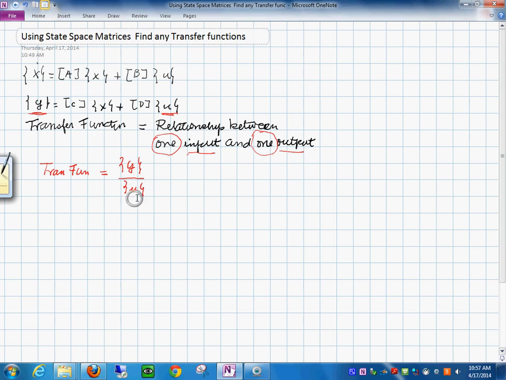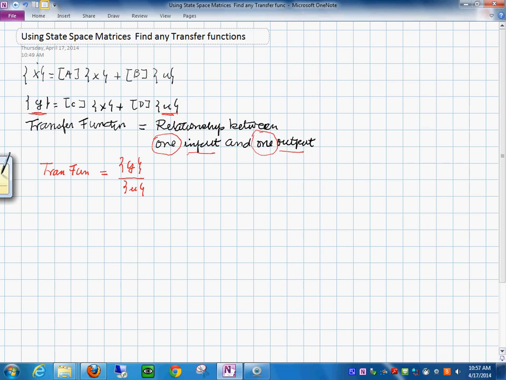That's what this means. So in order to get this relationship, strategically we can look at these equations and say, I have this output in here and I have the input in here, and I just need to find out how to get rid of this x to create this relationship.